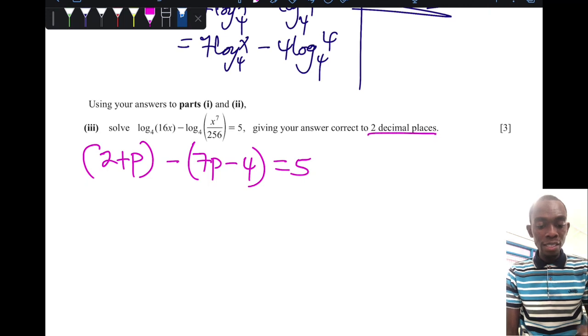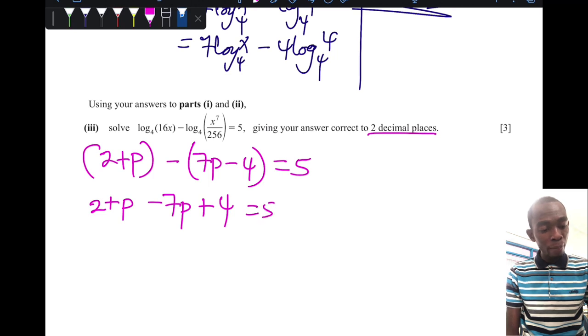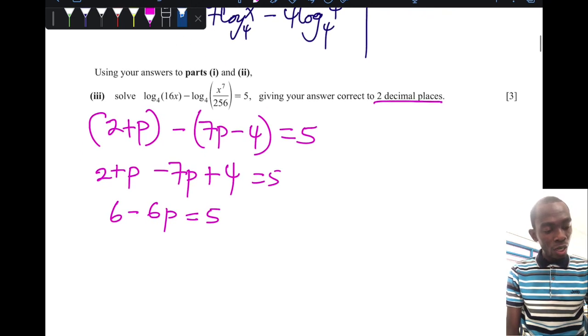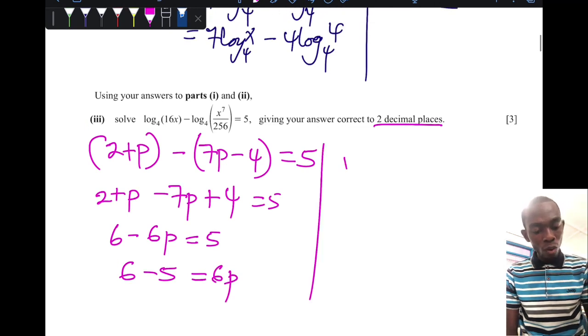Okay, but remember, answers to 2 decimal places. So you have 2 plus p minus 7p plus 4 equals 5. So we are going to get that's 6 minus 6p is equal to 5. So we can move that 6 minus 5 equals 6p. So we are going to get 1 is equal to 6p.